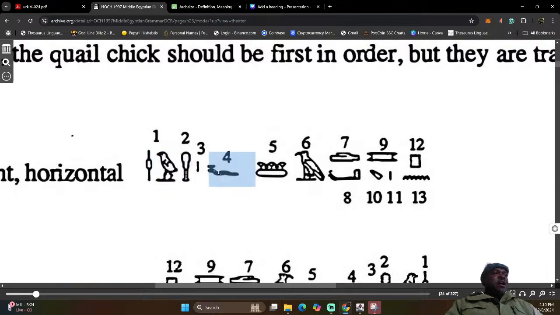And then we got number 4, which is the suffix pronoun F for he or his. This is a low and narrow glyph. So let me just ask a simple question. If we're writing in columns horizontally, right, which one takes up the most space? A tall, narrow glyph or a low, narrow glyph? I mean, a low, wide.